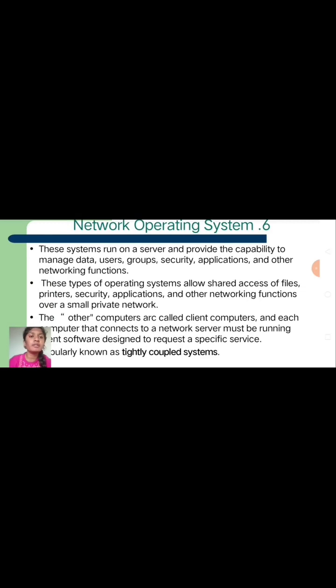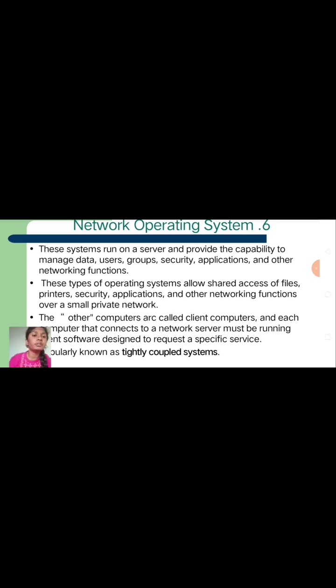Next one is network operating system. This system runs on a server and provides the capability to manage data, users, groups, security, applications, and other networking functions. These types of operating systems also share access to files, printers, security, applications, and other networking functions over a small private network.